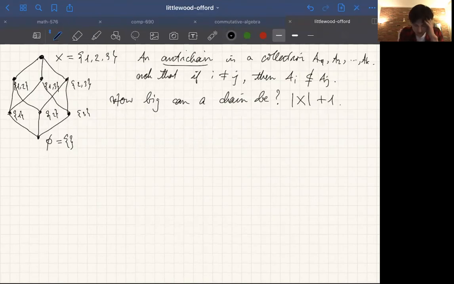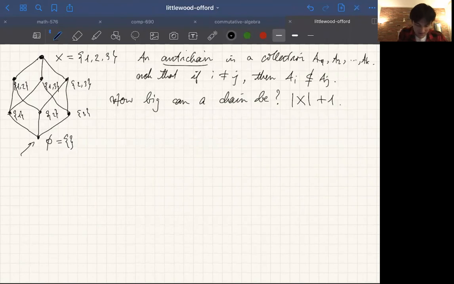So x had 3 elements, and you just add 1 because of the empty set. And so a chain can be 4 points big, basically, in this case. But if x is bigger, it could have more. If x had 9 elements, you could have a 10-set chain, right? The question is a little bit harder for antichains, right?